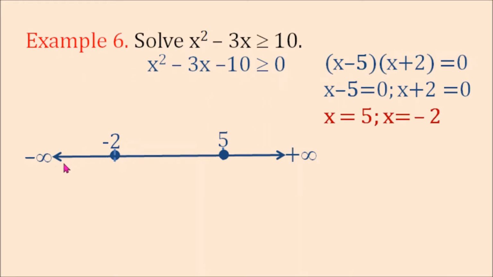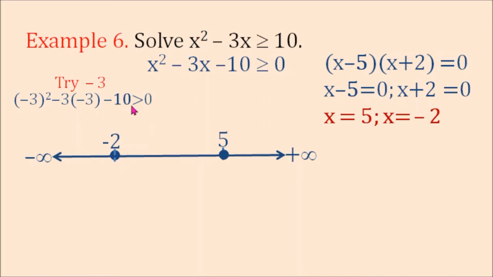Now let's try the first interval from negative infinity to less than negative 2. We are going to try any number that is less than negative 2. For example, we will try negative 3. So we are going to substitute all our x's here with negative 3. So that's negative 3 squared minus 3 times negative 3 minus 10 is greater than 0.